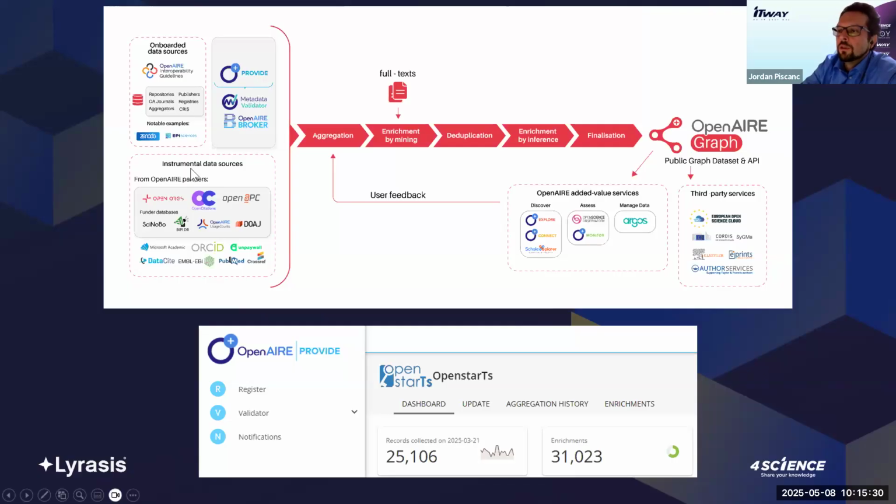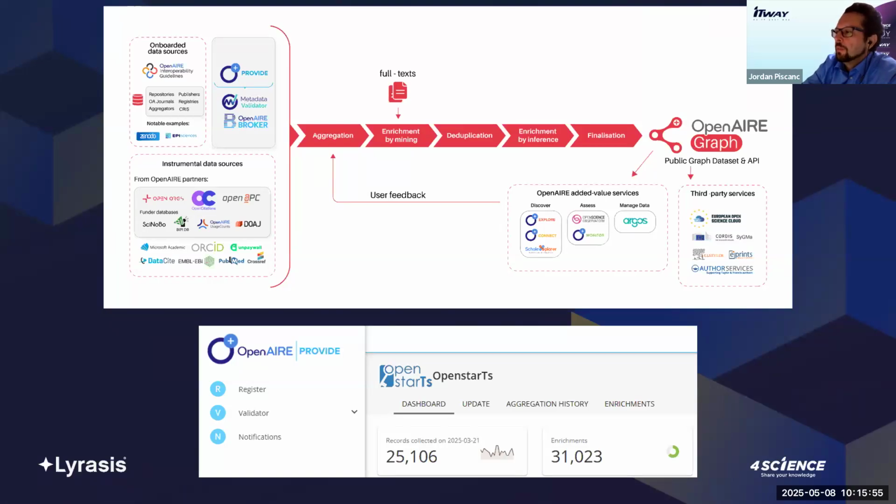But it also integrates, as you see here, from ORCID, DataCite, Crossref, PubMed, Unpaywall, DOAJ, all kinds of information, and aggregates all this information, deduplicates, enriches by inference, and finally we have all this information available through the OpenAIRE Graph.